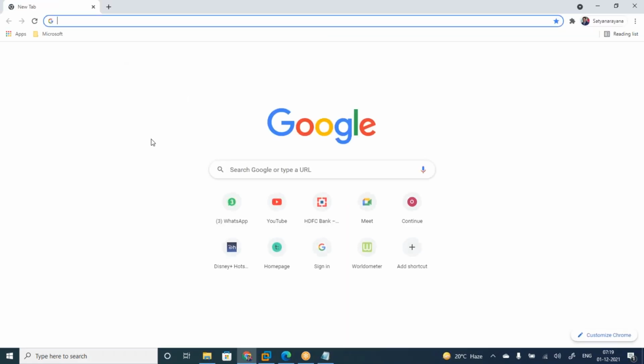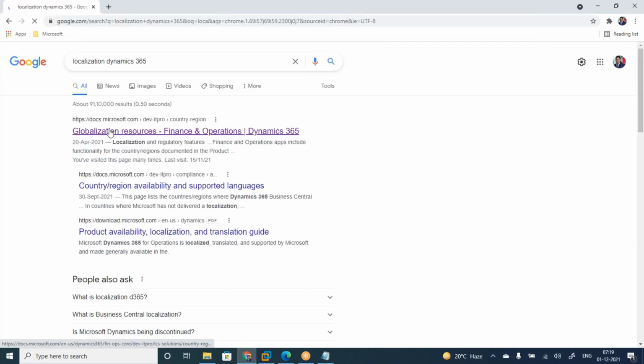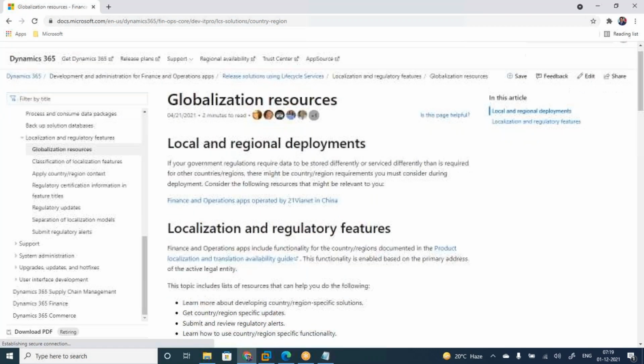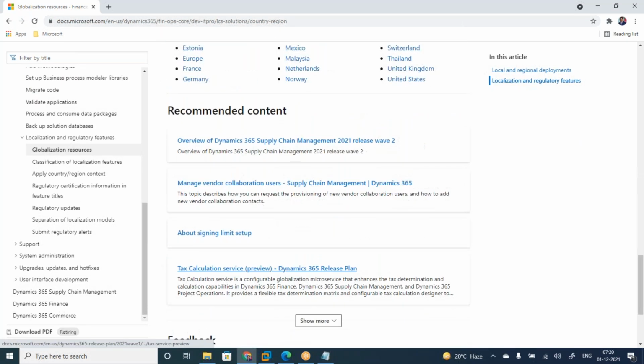Australia has different taxation. Locations are specified, so one person cannot learn all the taxations. The application has standard taxation, but if you scroll down, you will find there are so many country specific localizations.